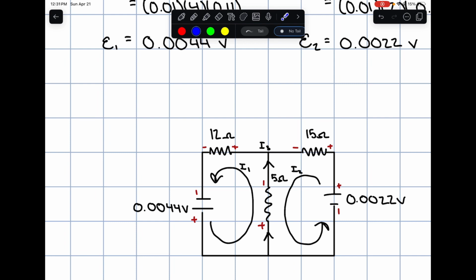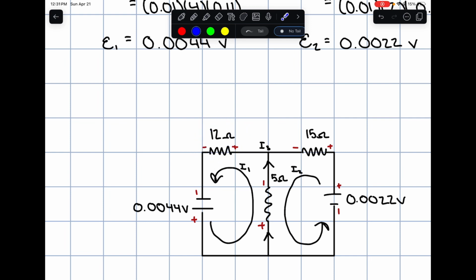Before we start getting into any of the math, let's set up what this circuit diagram would look like so it's easier to look at and conceptualize. Let's start at the leftmost loop. We have the EMF that we just calculated of 0.0044 volts. Since it's flowing counterclockwise, we have a positive terminal here and a negative terminal here. Then we have our 12 ohm resistor.